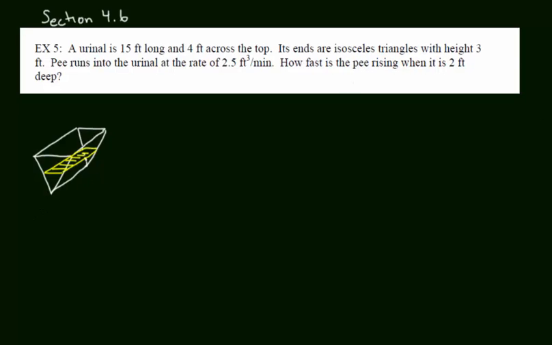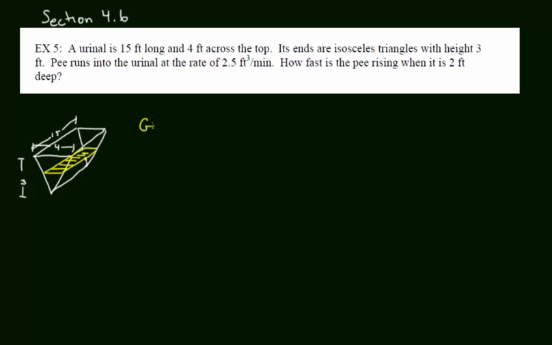Like the other problem, the container's dimensions are fixed. So let's write some of these dimensions down. The height of the urinal is 3 feet. The base of it along here is 4 feet, and then its depth as it goes back is 15 feet. And we're now going to look at the problem.